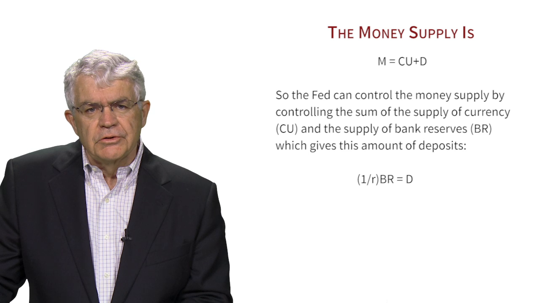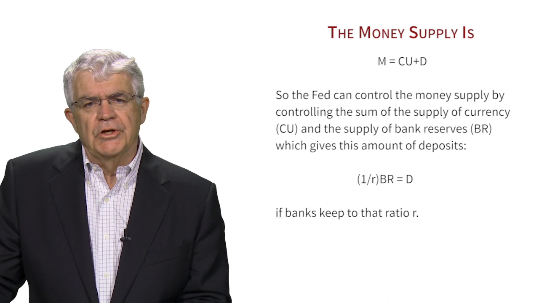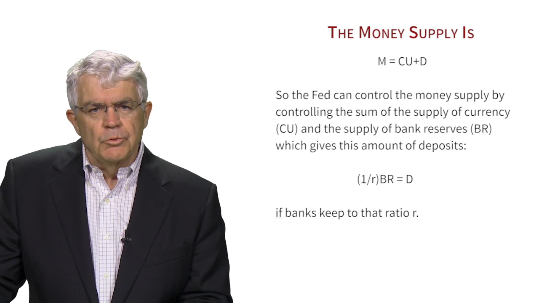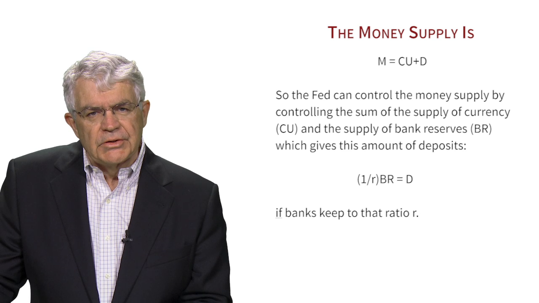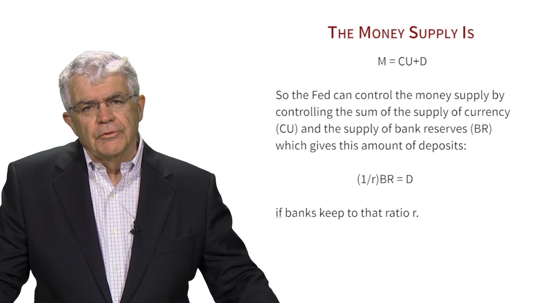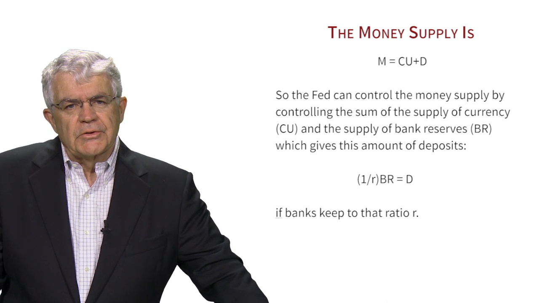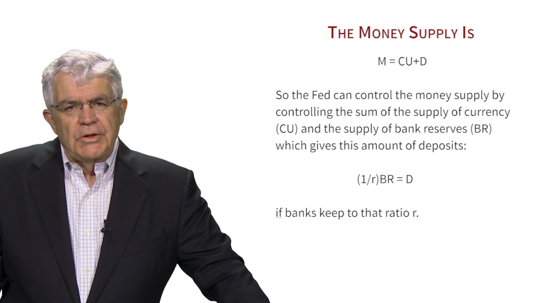And this will occur as long as banks keep to that ratio R. If it's 0.1, this is going to work quite well. The Fed can increase bank reserves by 10, as in this example. And if the reserve ratio is 0.1, deposits will increase by 100.